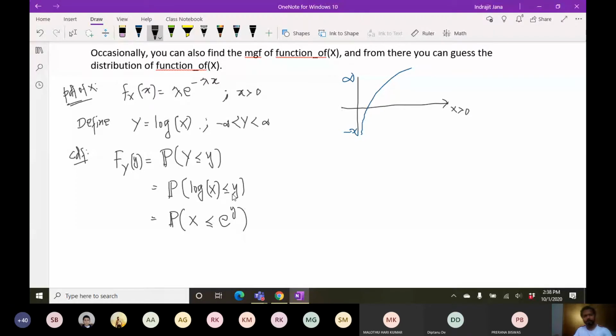Basically, I am taking e to the power on both sides.